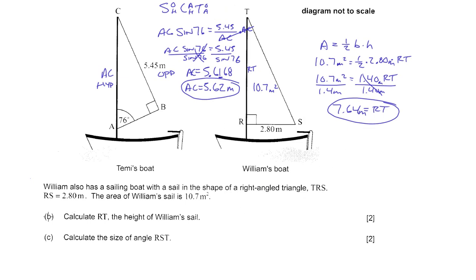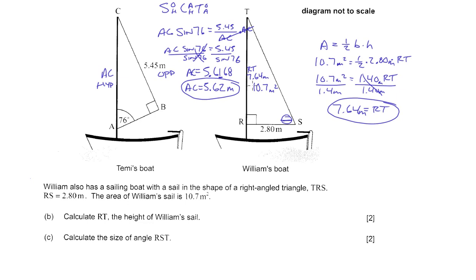Okay, so that's B. And then the last part says calculate the size of angle RST. So RST, that means that's going to be this angle right here, R to S to T. Okay, so from that angle here, we just figured out that this RT side is 7.64 meters, right?